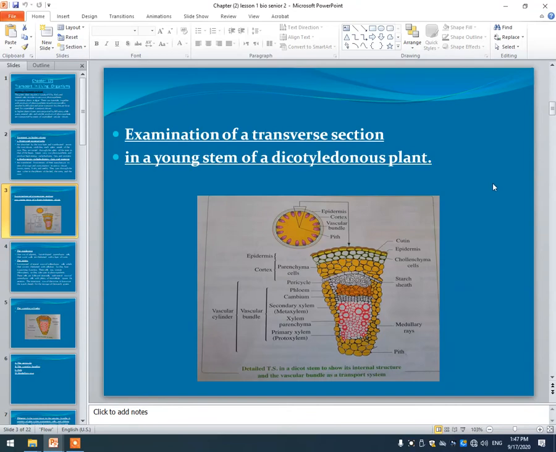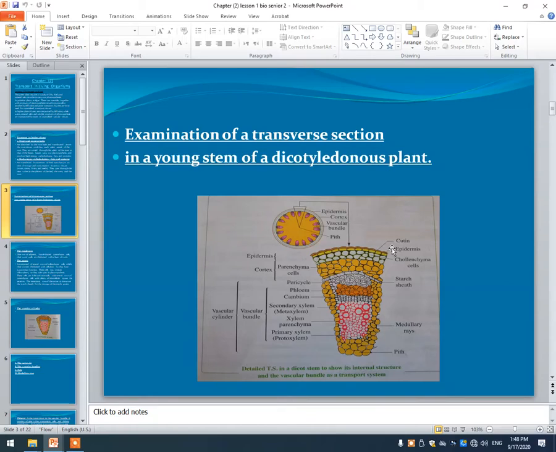If you want to examine the transverse section in the stem of dicot plants, you can see here a diagram of a dicot stem. We can see that it consists of the outer layer, called the epidermis.